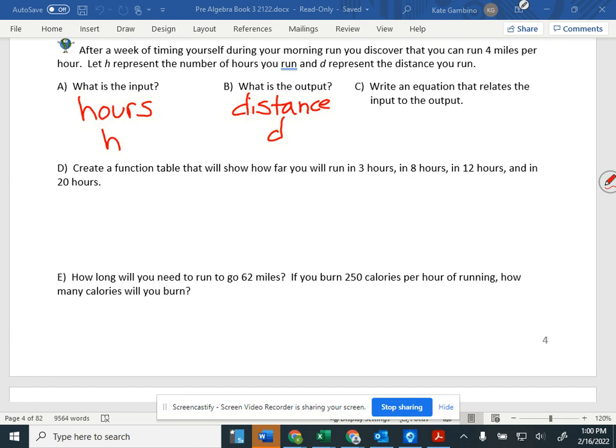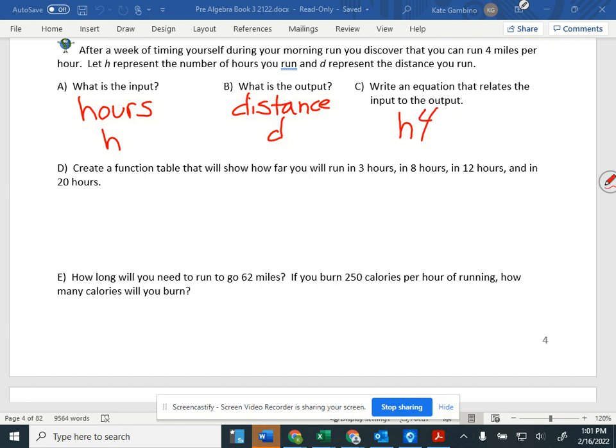In the function table, it looks like... Not in a function table, I want the equation. So from the equation, we'll get our function table. Help them out, Joseph. Would it be H times 4 equals D? Say that again, Joseph. H4 equals... Not H4.